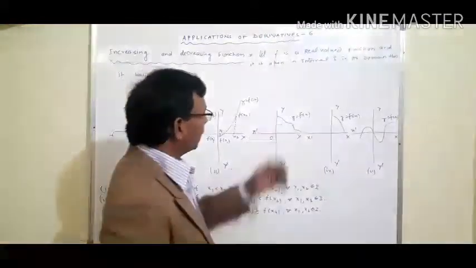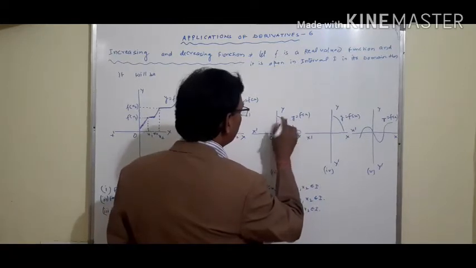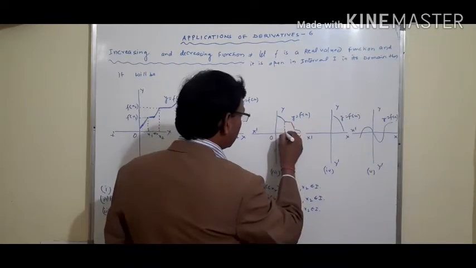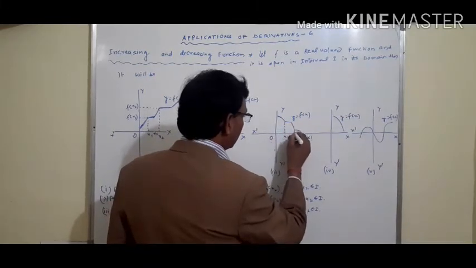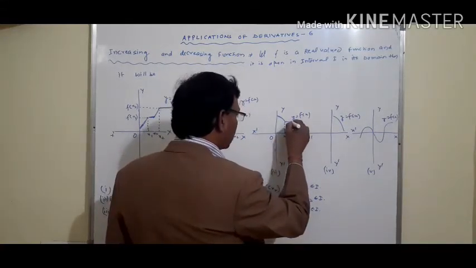Now you can see here, suppose we take this as x1 and this as x2. We can also take x2 at this point.